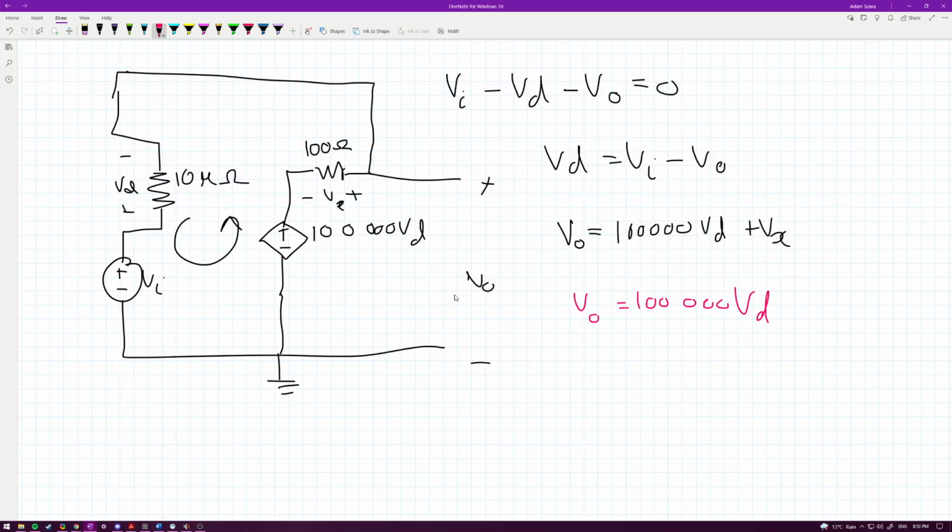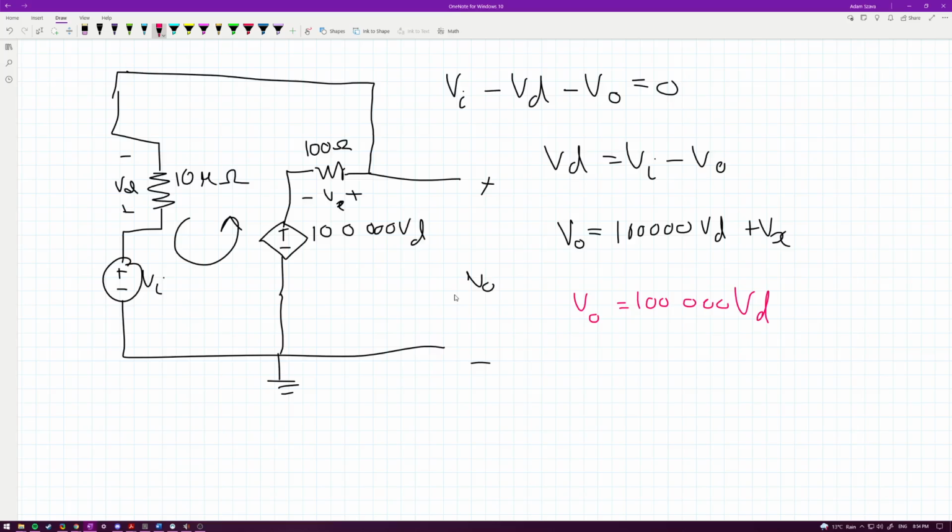Okay. The next thing I have. I think you plug in VD instead of VO. Rearrange this for VD and then plug it into here. See how it's already rearranged for VD, right? So you just plug it in.